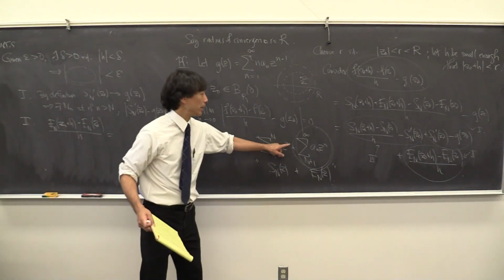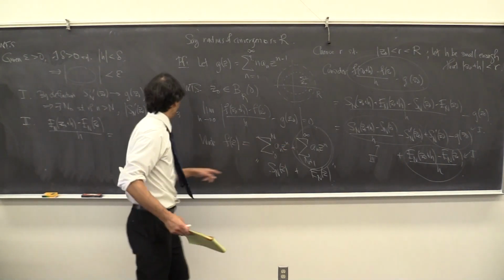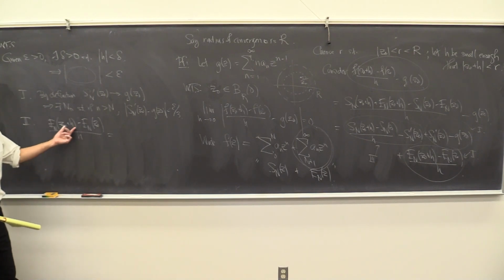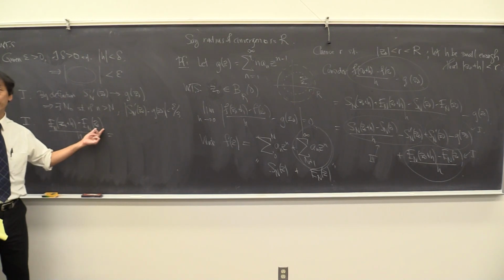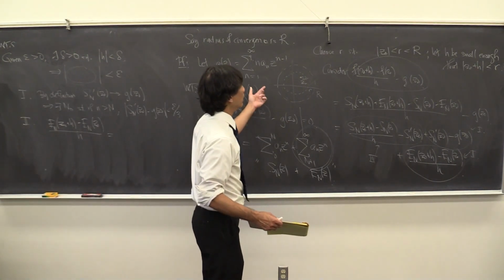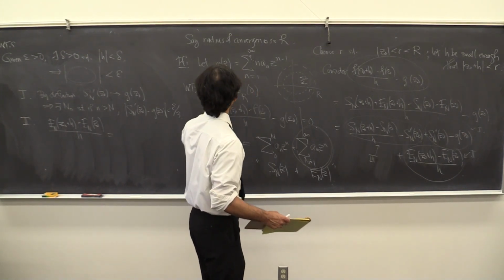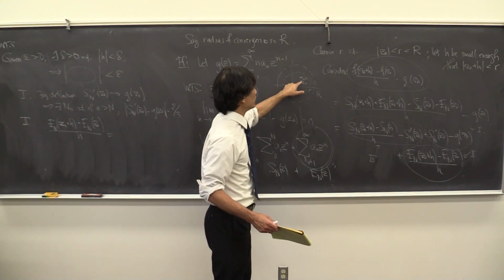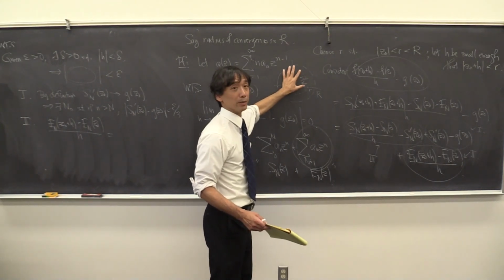Each of those converges absolutely at z naught plus h and at z naught, because the radius of convergence is R, and z naught and z naught plus h lie within it.